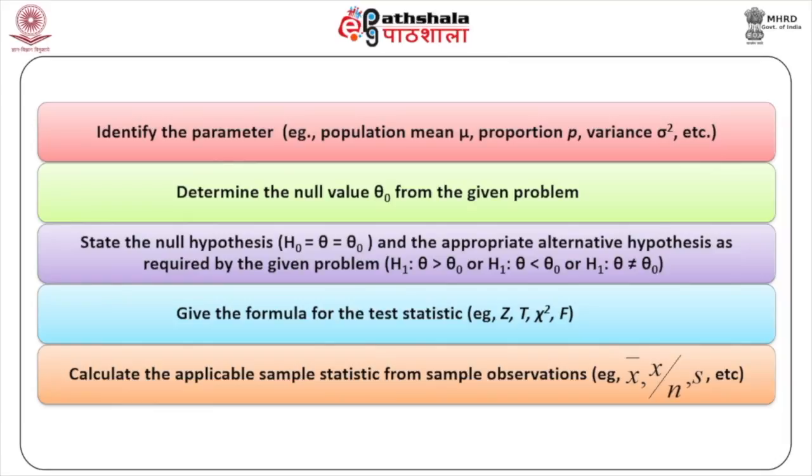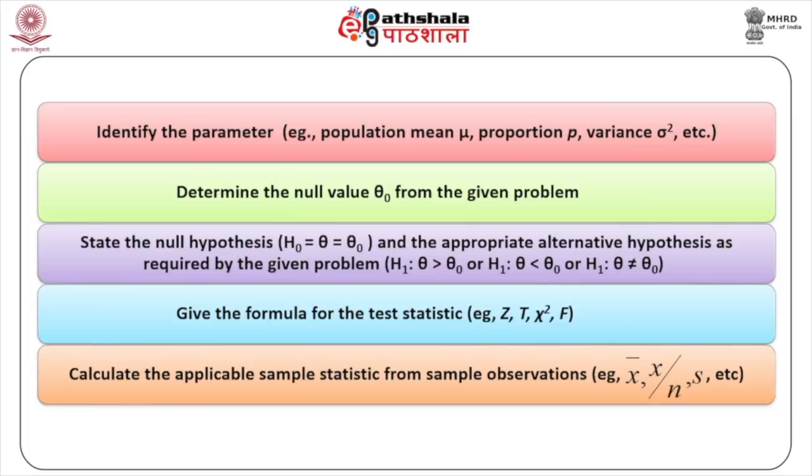Third, state the null hypothesis H0: phi = phi naught and the appropriate alternative hypothesis as required by the given problem, which can be H1: phi > phi naught, or phi < phi naught, or phi ≠ phi naught. Fourth, give the formula for the test statistic. These can be z-test, t-test, chi-square test, f-test.